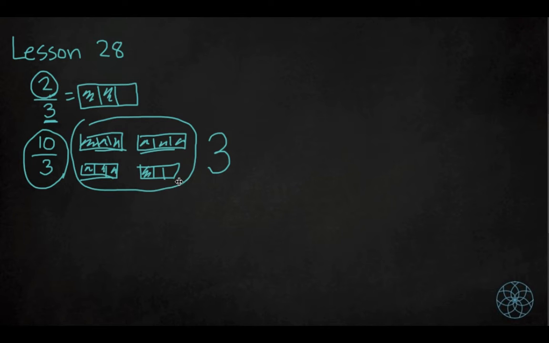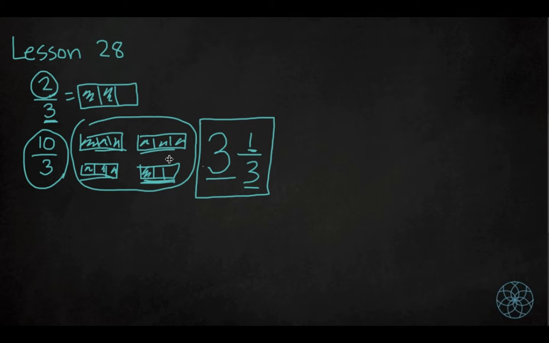Now, is that all the candy bar that you have, or are there some other pieces that you have as well? Well, there's also this candy bar where you get 1 of the 3 pieces. So another way of writing 10/3 is 3 1/3, meaning that instead of having 10/3 or 10 of those little pieces, you would have 3 whole candy bars as well as 1 of those smaller pieces.